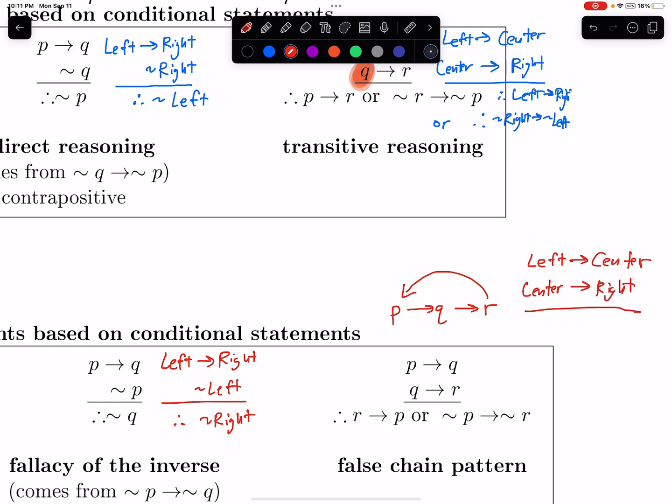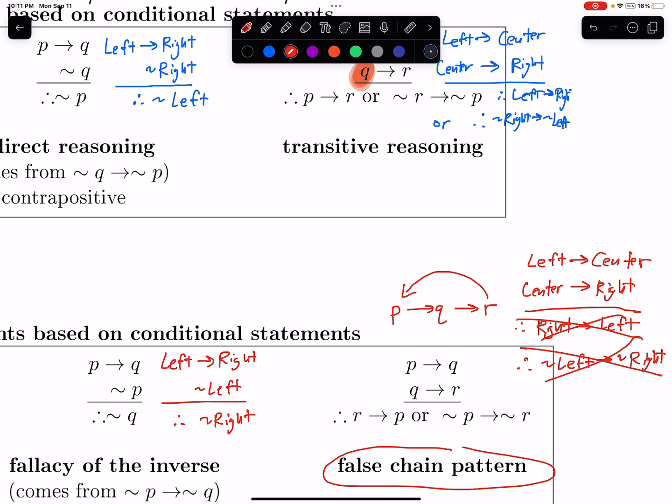But what are you trying to conclude? You're trying to conclude from the wrong direction. You're trying to go from right back to the left, and that's no good. Or alternatively, you're trying to go from the negation of the left to the negation of the right. But that's the inverse pattern. That's also not correct. So both of these would be called false chains.